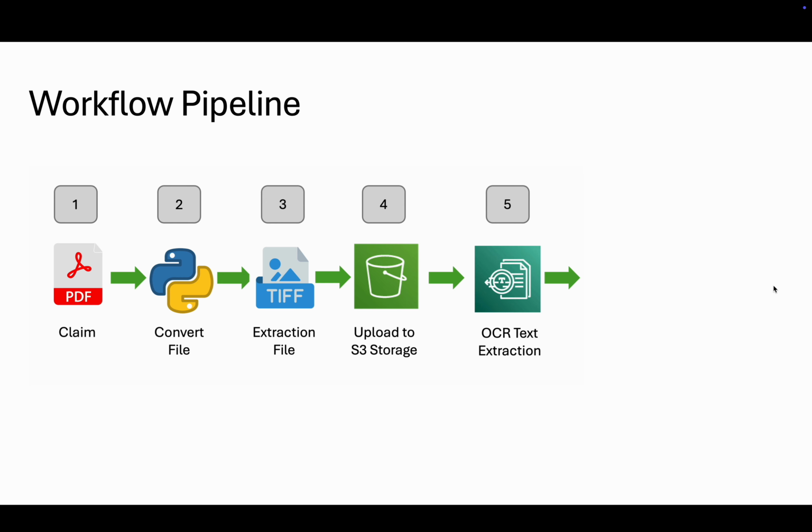Once we have the file in the S3 bucket, we're going to use Amazon's OCR solution, which is called Amazon Textract. Very powerful tool that identifies locations on a document where you can see a label and a value.